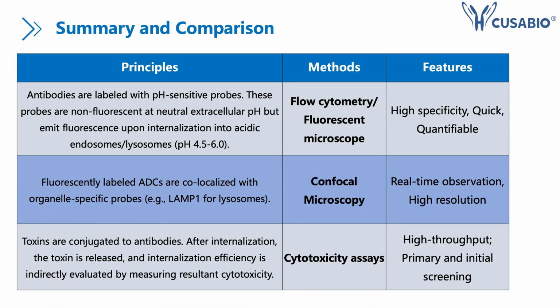Before I move on to our featured product, recombinant DT3C, here I did a simple comparison between all three types of tools. The principle for the first one is that you label the antibody with pH-sensitive probes, which are non-fluorescent at neutral pH but become brightly fluorescent upon internalization into the cells because the pH decreases. With flow cytometry or a fluorescence microscope, you can measure the fluorescent signal change.